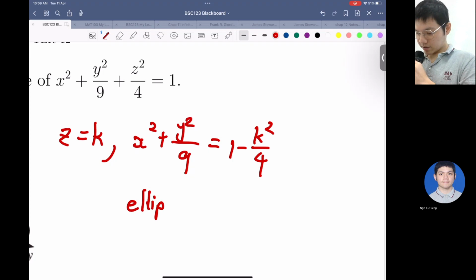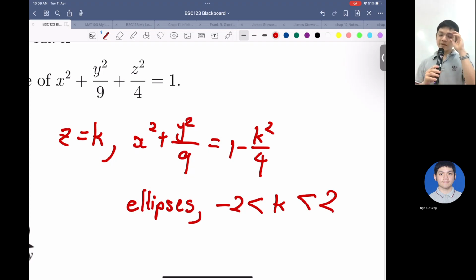Okay, wait, let me write something down first. This will give a condition on k. How do we get a condition on k? What's the ellipse equation from last time? Anyone can check.